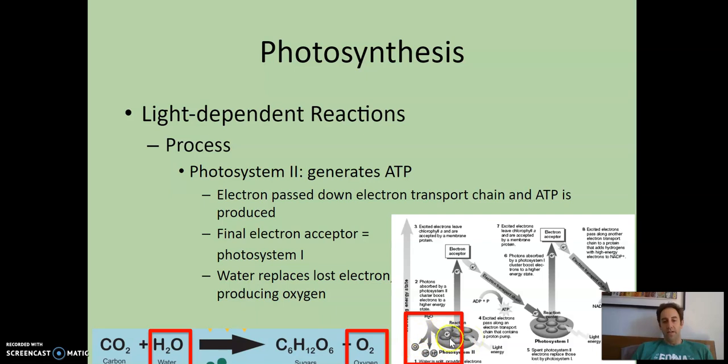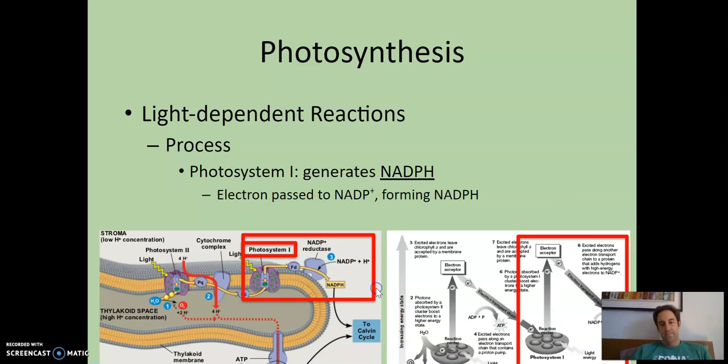Water will donate an electron to replace the one that was excited and passed on, and then in the process, water becomes oxygen. This is why water is required, and oxygen is a waste product. That's the step right there in photosystem 2. Note that this is the opposite of what happens in cellular respiration. Cellular respiration, oxygen accepts the electron to become water. Here, water is donating an electron to become oxygen.